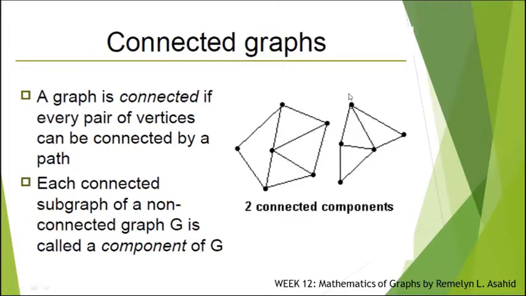Next, we have D, connected graph. A graph is connected if every pair of vertices can be connected by a path. Each connected subgraph of a non-connected graph G is called a component of G. So here, we have two connected components.